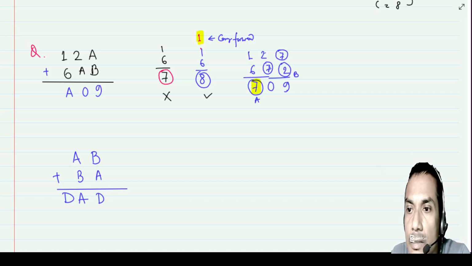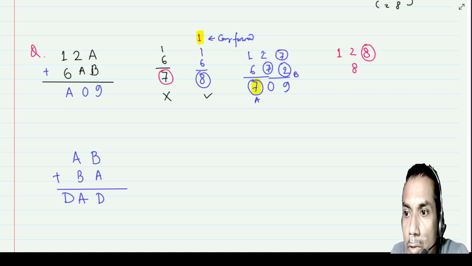Now we consider this. So what value do we get? Let's check it. 1, 1, and next is 2, and A we just assume 8. So here also 8, and here 6, and this is 8. Then 0, and here 9. Now you tell me for which value of this vacant the addition will be 9.